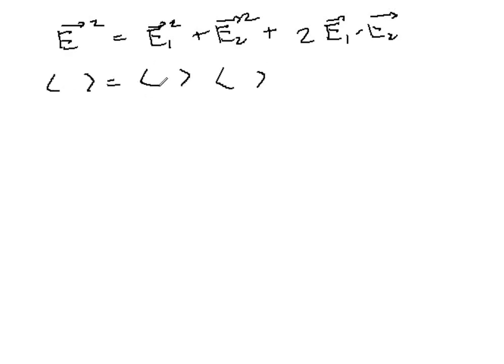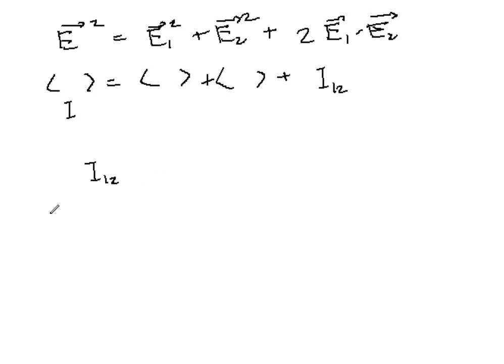So the total average will be this sum plus the average due to this term. So let me name this as the total I, and let me name this I12, then I can write I12 as this.